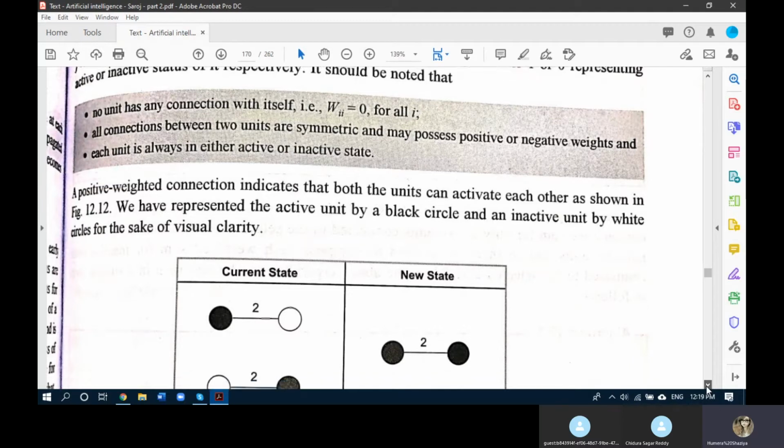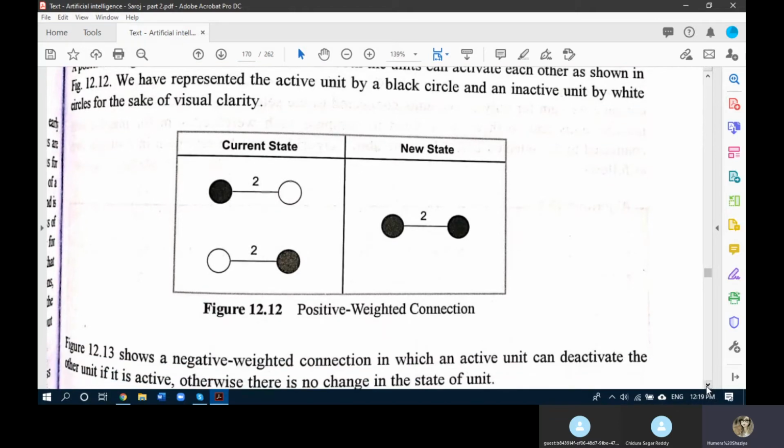Okay, here is an example given. All the dark nodes are active units, active units by dark means black circles, and the white circles are inactive units. Black circles are active units. And what is the connection? The connection here is positive.